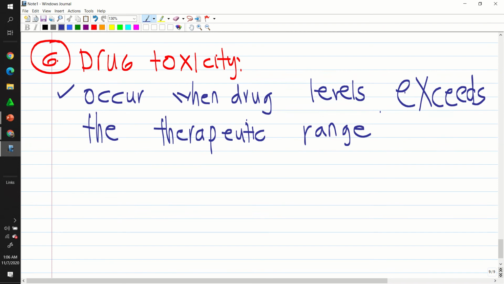So it may occur secondary to overdose, may it be intentional or unintentional, or drug accumulation. So it is very important to determine the therapeutic level of a drug and the toxic level of a drug. That's why we discussed the therapeutic effect of a drug in the previous videos, and then the toxicity level, the lethal level. The factors that could affect drug toxicity are existing diseases, genetics, and the age of a person.